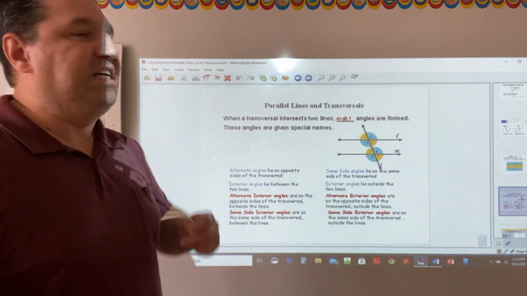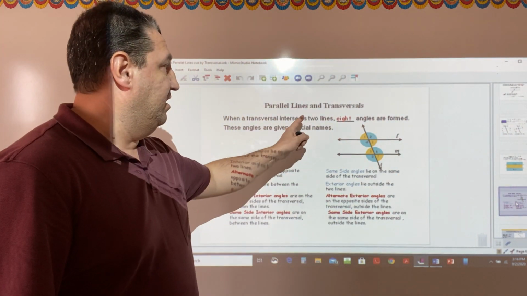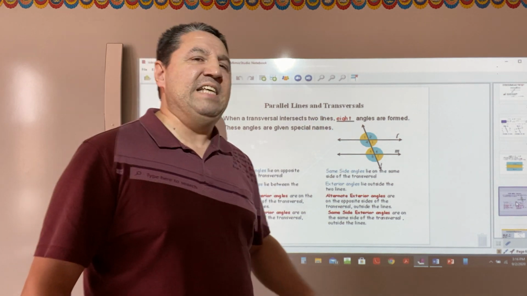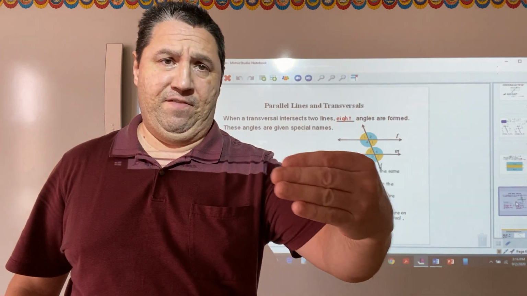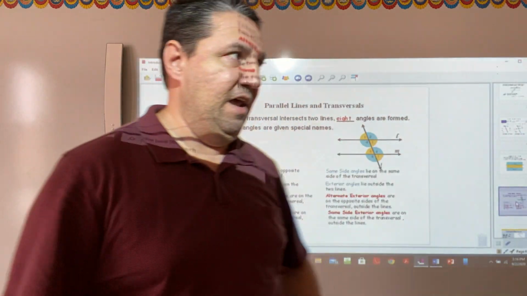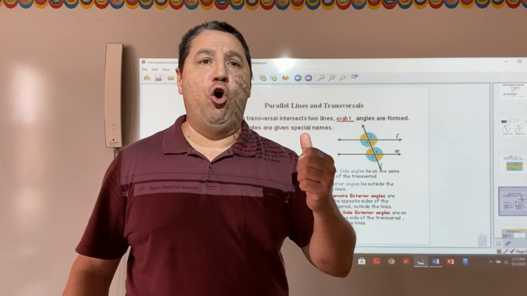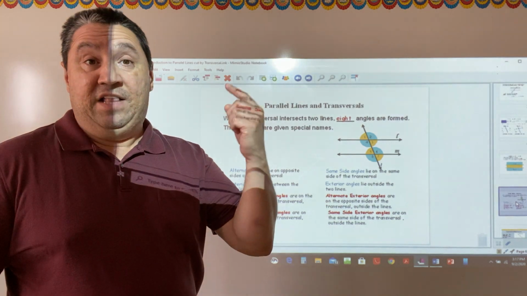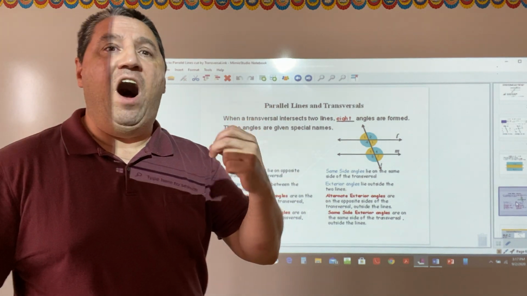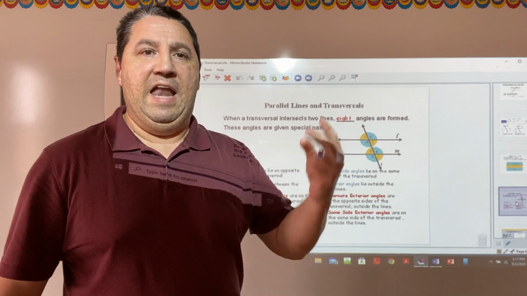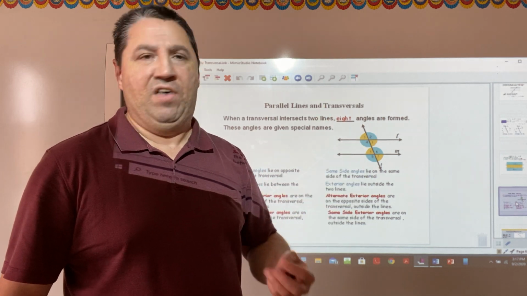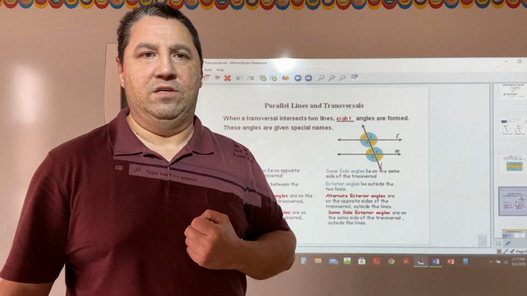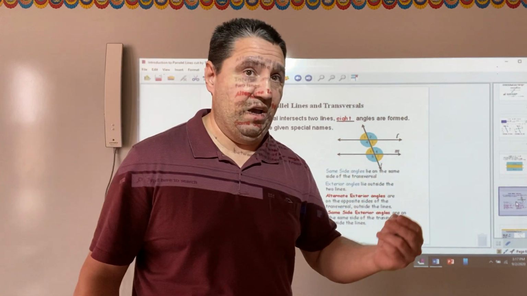Now, when a transversal intersects two lines, basically five types of angles are formed. The first type is called corresponding angles. The next type is called alternate angles. The third type is same side angles, or consecutive angles.